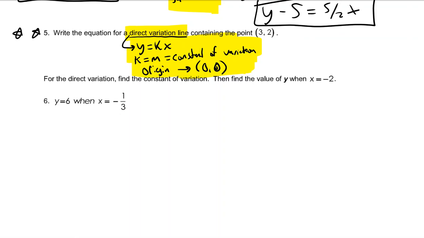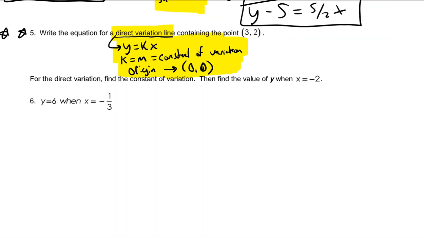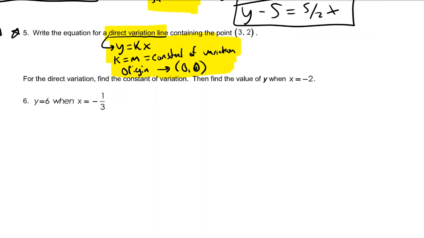So for question 5, come up with the equation of a direct variation line that goes through 3, 2. Technically, all you need is this last piece, because if you know it goes through 3, 2, and you know it goes through 0, 0, it's just like questions 1 and 4 above. 2 points. If nothing else, we can use the slope formula to find the slope.